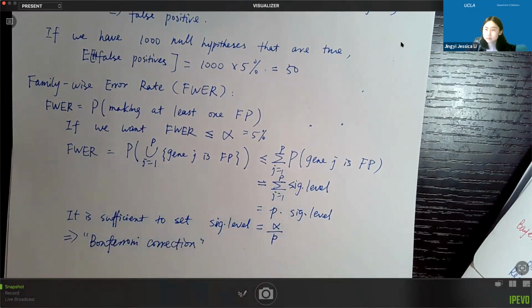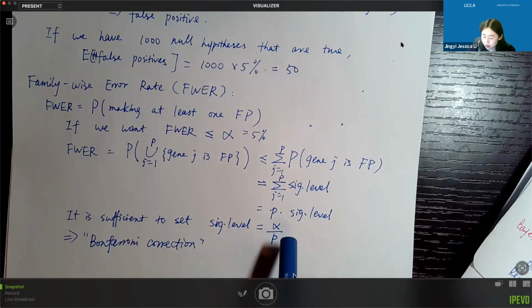It is the most conservative way of reducing our false positives. So we are not looking at one test at a time, but we're looking at the P tests together. But you can clearly see that a disadvantage of the Bonferroni correction is that it's overly conservative.